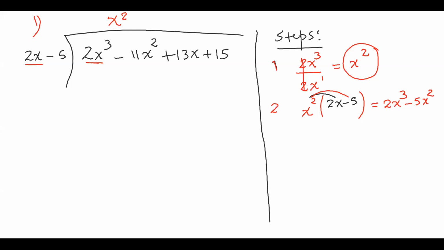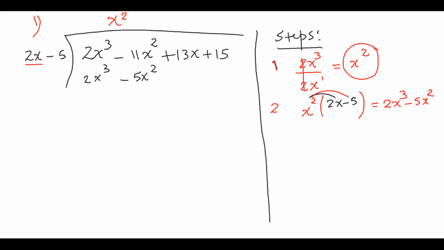And we are going to write this underneath the dividend, because we are going to subtract now. So it's going to be 2x to the third minus 5x squared.